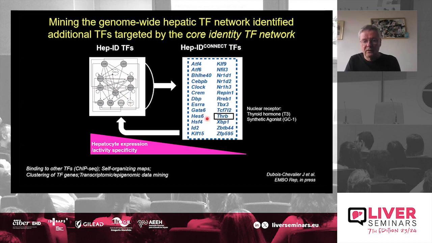expression. Now, quite interestingly, I'm sure most of you have followed the recent literature and communications, the nuclear receptor, the thyroid hormone receptor beta, is in this HepID connect transcription factor network.